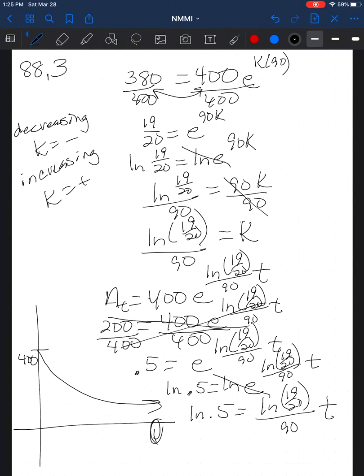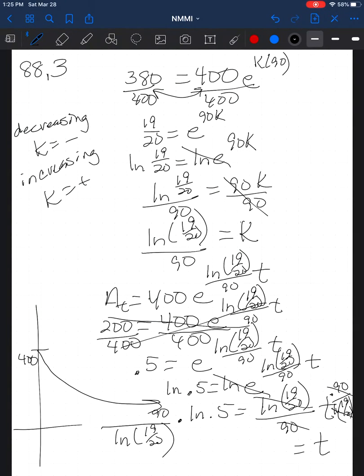To get t by itself, I'm going to multiply by 90 over ln of 19/20 on both sides. That cancels, and t equals, let's see, do this on the calculator.